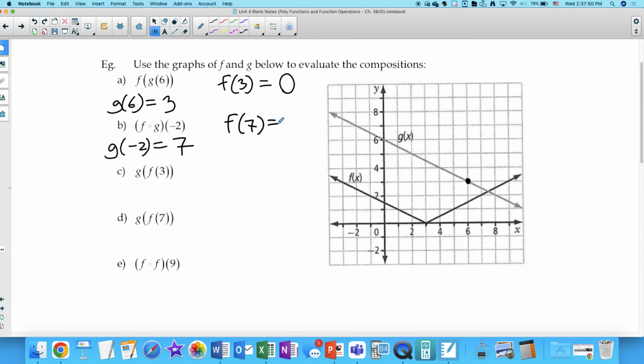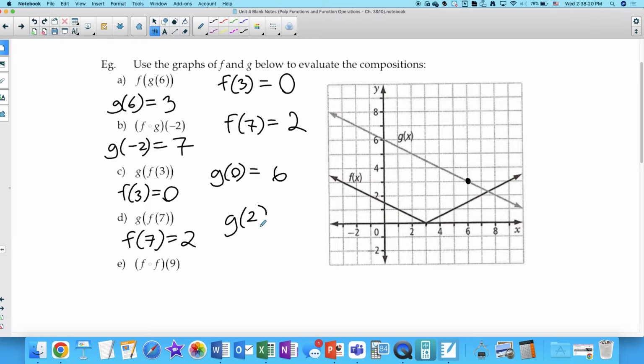Okay. g of f of 3. f of 3 is 0, so g of 0 is 6. g of f of 7. f of 7 is 2, so g of 2 is 5. No? Is that right? Yeah, 5.